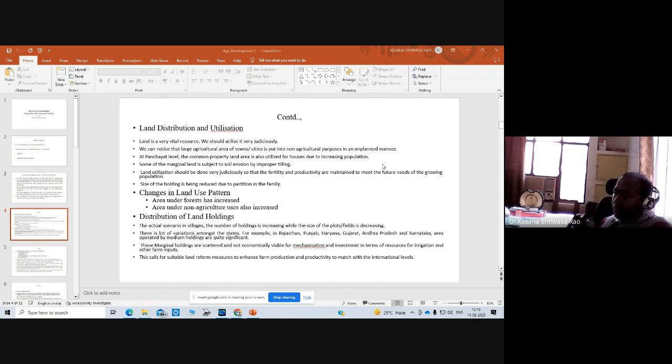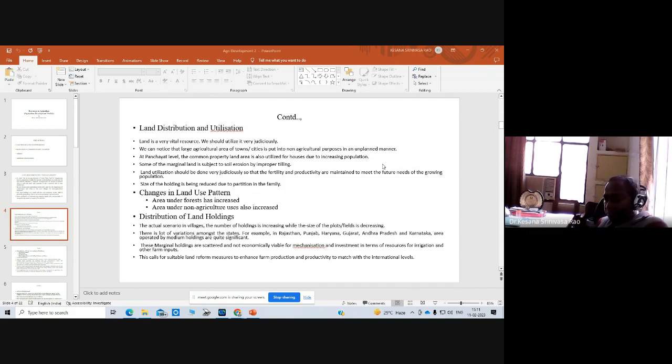If a father has two sons and he has 10 acres of land, the two children will share that land equally, 5 acres each. And if they each have two children, the land will be divided further, into two and a half acres each.